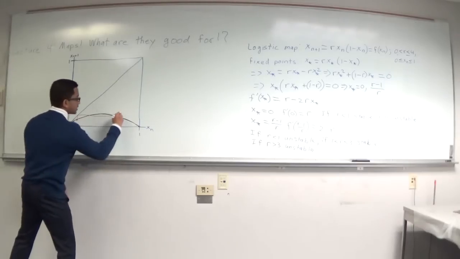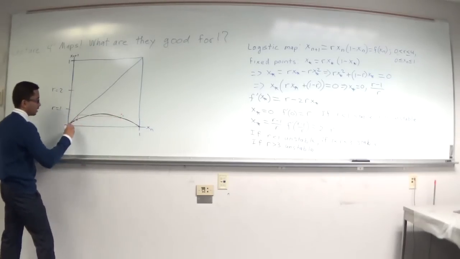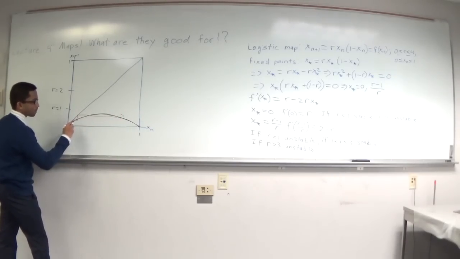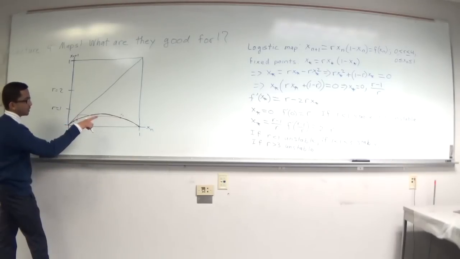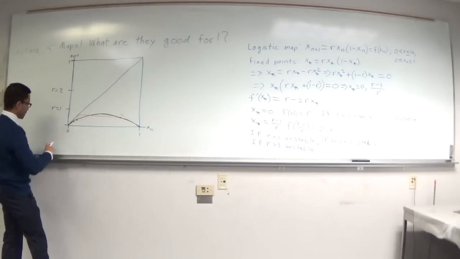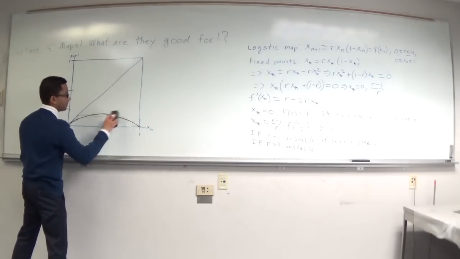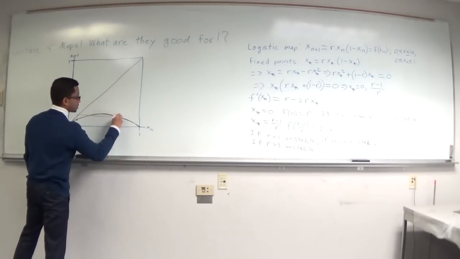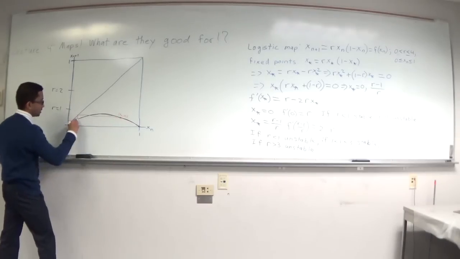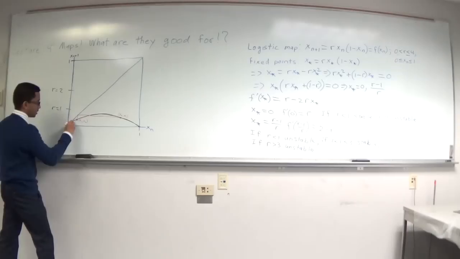So this is x naught, x1, and this is x1, x2, x2, x3.